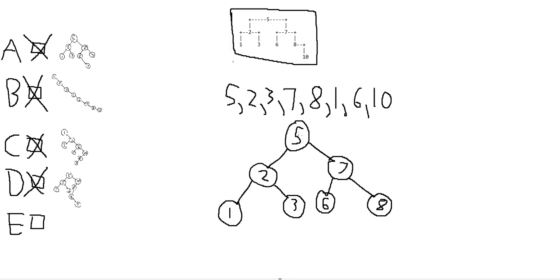And finally, 10 is greater than 5, greater than 7, greater than 8. So we are left with a binary search tree that now looks identical to the one that we are given. So E is, in other words, the correct answer.